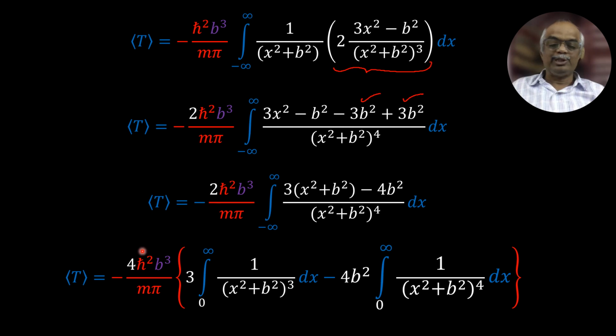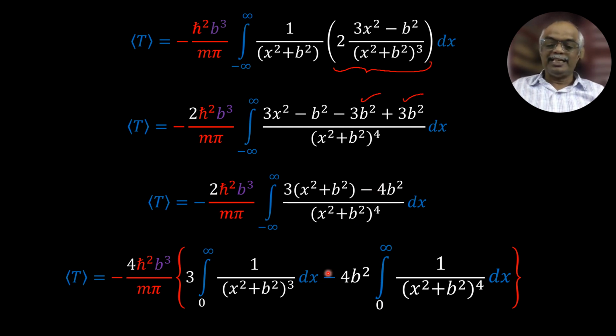So 2 into 2, I am taking outside, 4. So this is 3 times, and one x squared plus p squared will cancel out with this denominator. So this will become (x squared plus p squared) whole power 3, and I am taking this 3 outside. The change of integral limit will be taken care of by this multiplicative factor 2. So 2 into 2, 4, you will get.